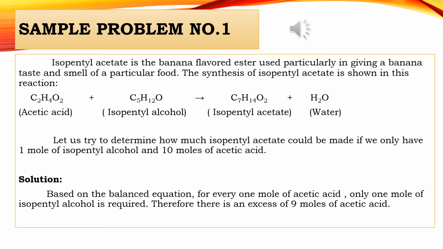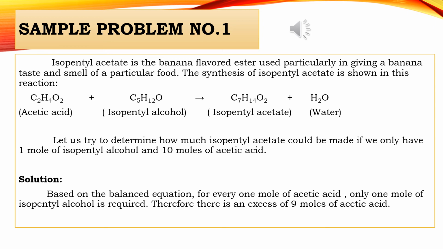Isopentyl acetate is the banana-flavored ester used particularly in giving a banana smell and taste of a particular food. The synthesis of isopentyl acetate is shown in this reaction. Let us try to determine how much isopentyl acetate could be made if we only have 1 mole of isopentyl alcohol and 10 moles of acetic acid.